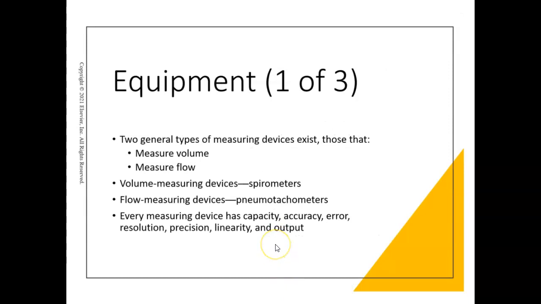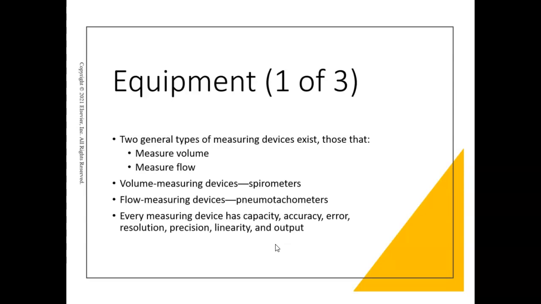Okay. All right. So we're talking about your pulmonary function equipment. There's two kinds of measurements that we mostly make. So generally, the two measuring instruments are going to be the instruments that measure gas flow and the instruments that measure gas volume.